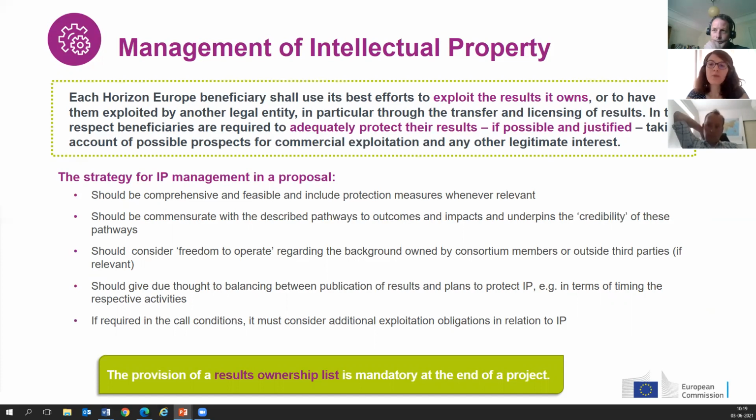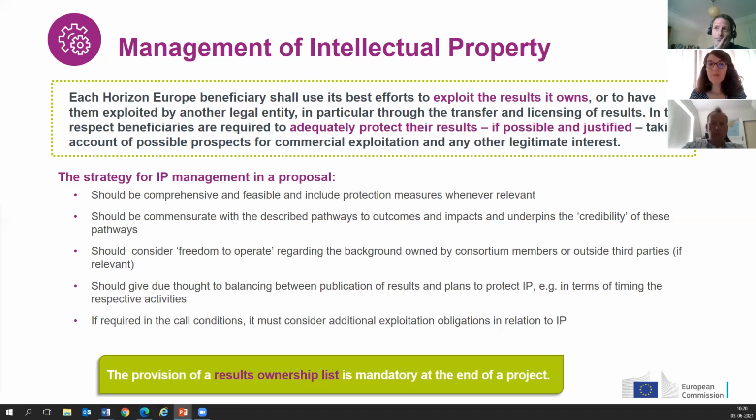That could be through the transfer or the licensing of results. But in this respect, beneficiaries are required to adequately protect their results if needed, and take into account all the possible prospects for commercial exploitation.